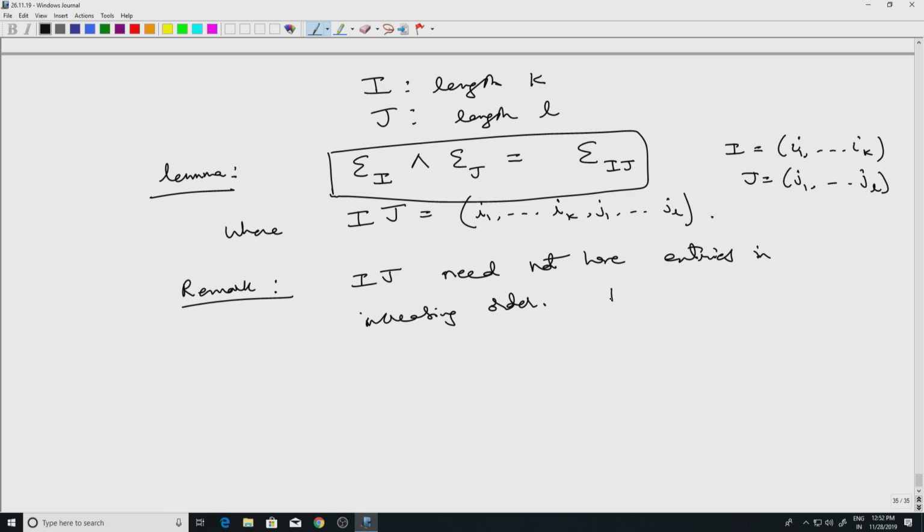So for example, let's take n equals 4, and if I take I equals 1, 3, and J equals 2, 4, then IJ would be 1, 3, 2, 4. So one has to keep this in mind.